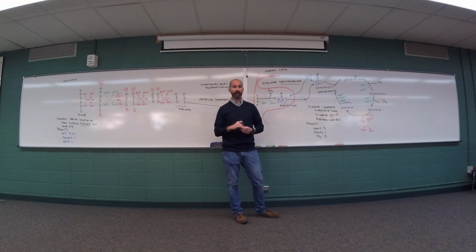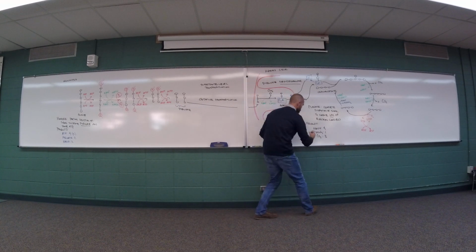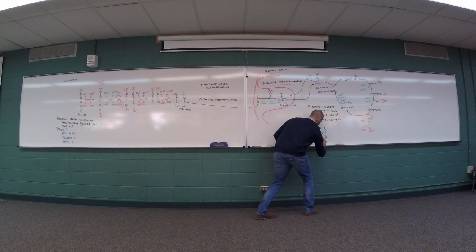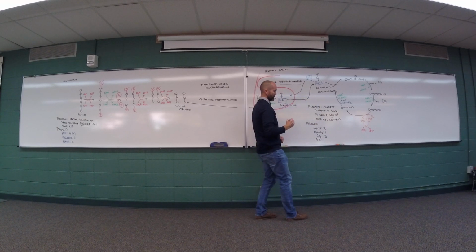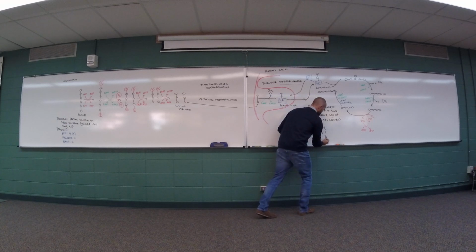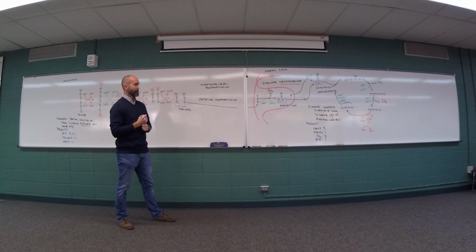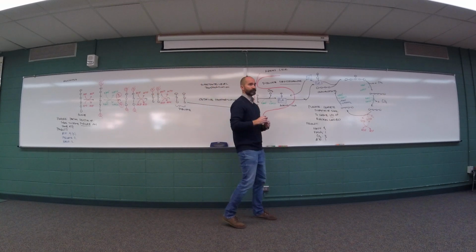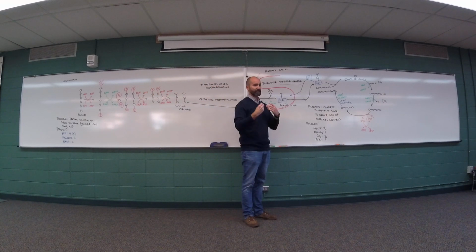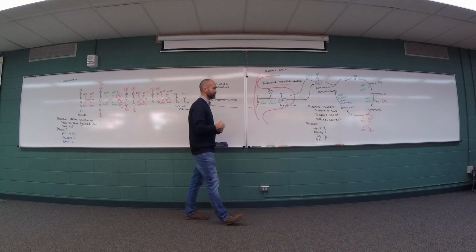And then what else did we make? ATP. And how much ATP did we make? Just 1. So why wouldn't we add the GTP? Is that just because it makes the ATP? Yeah, it's just an intermediate. We don't actually use it for cellular energy. Good question.